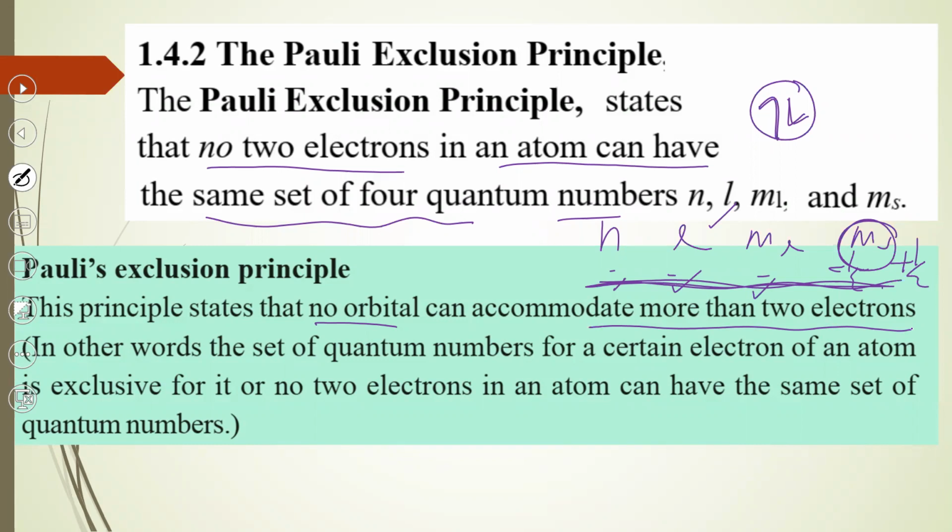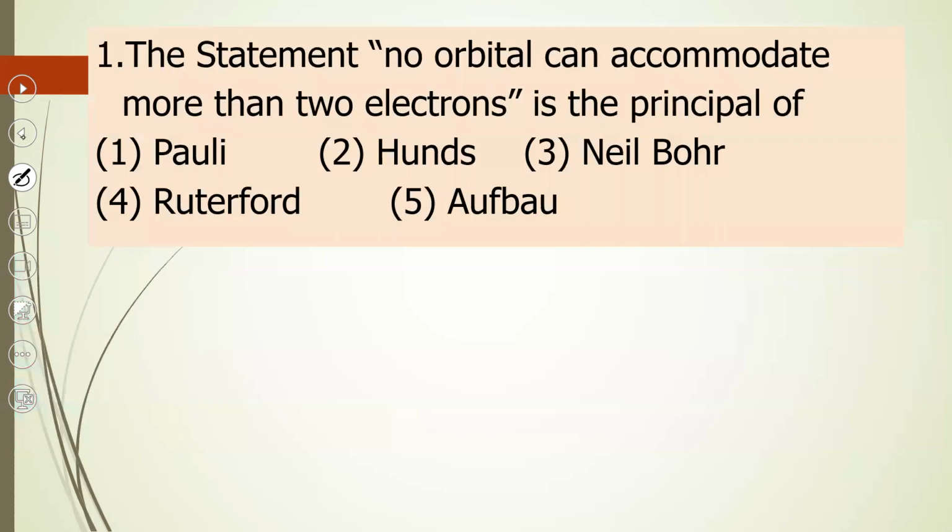The set of quantum numbers for a certain electron in an atom is exclusive to it, or no 2 electrons in an atom can have the same set of quantum numbers. So this is what we call the exclusion principle. Actually, the same thing is mentioned here. So the answer is the first answer, isn't it?